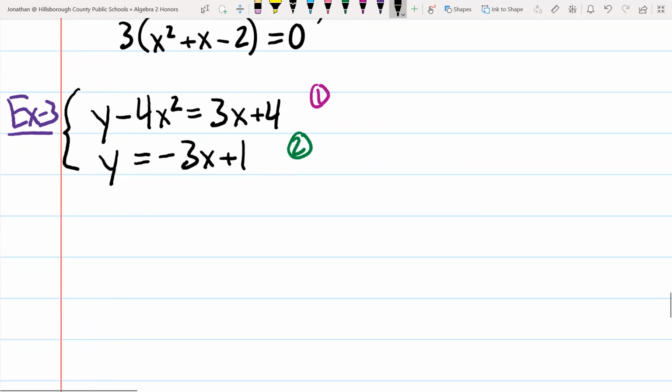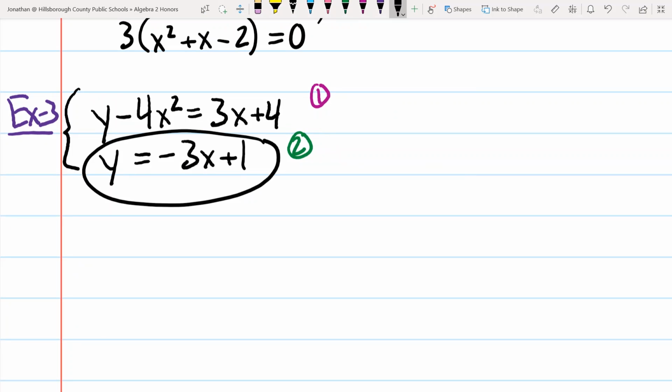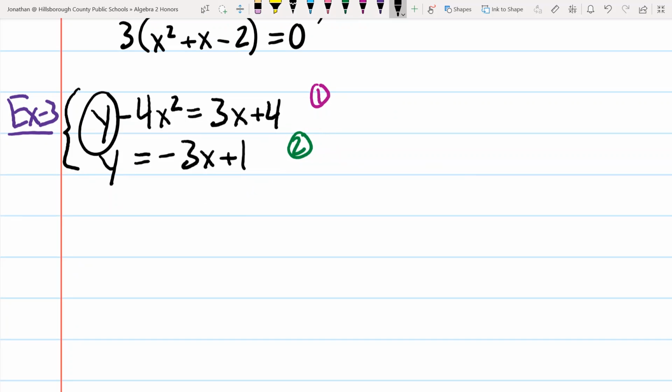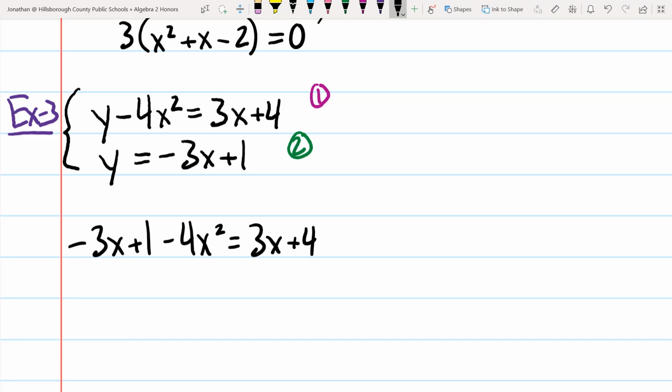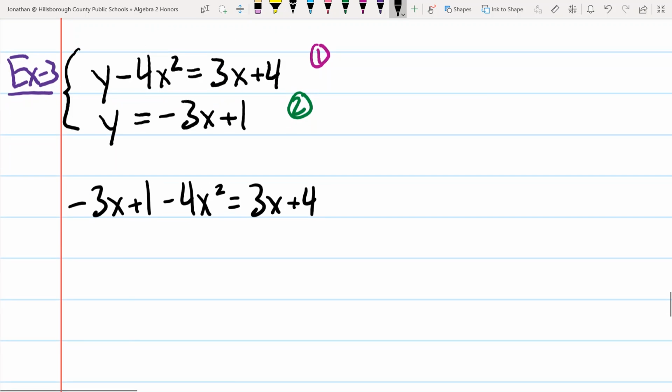Okay, equation 2 and equation 1. Now, the past couple ones we plugged 1 into 2. This one it looks easier to plug 2 into 1 because this one's already solved for y. We're going to plug it in right there. So negative 3x plus 1. Okay, let's move everything to one side.